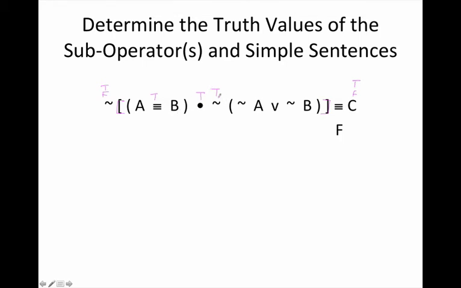And if the tilde is true, the wedge would have to be false, which would mean that each of the tildes would have to be false, which means that A and B both would have to be true, which would yield a true triple bar. So that could work out quite nicely.